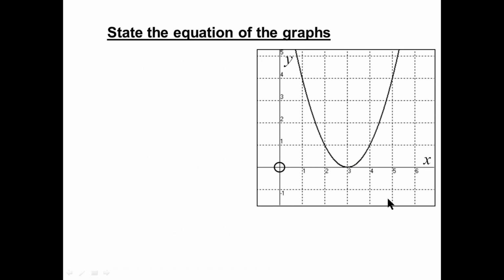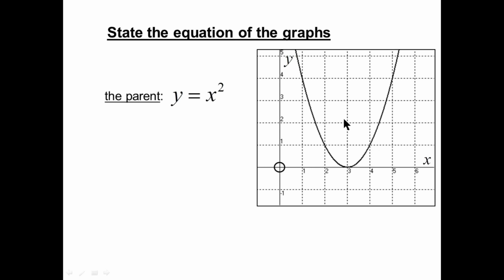Let's move on. State the equations of the graphs. Look at the graph. It's a parabola, so the parent function is y equals x squared. But it's been shifted to the right. So for left-right motion, we have to go to the input station, put brackets around the x, and shift to the right.